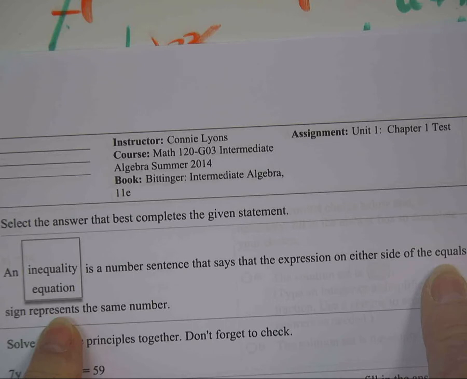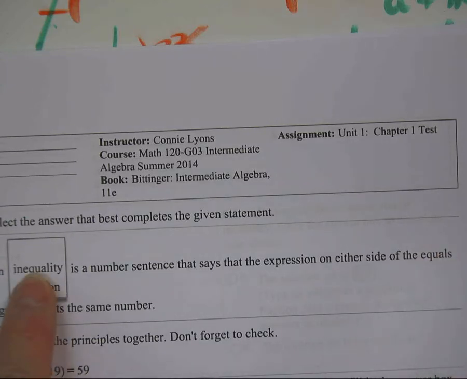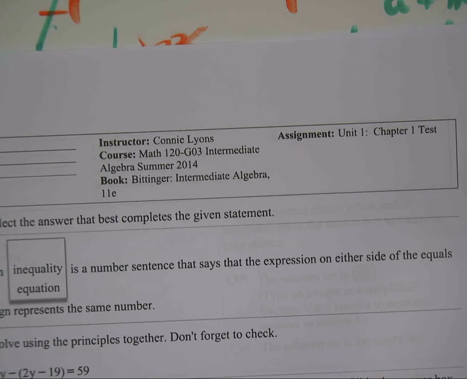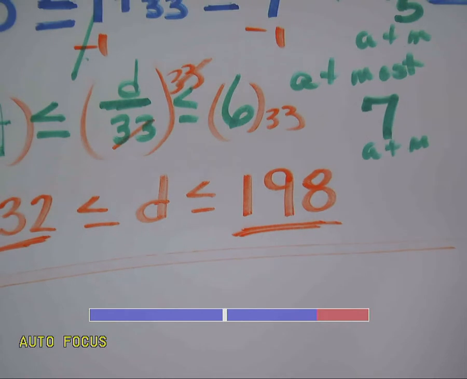An equal sign represents the same number. An equal is an equation. An inequality will have a greater than or less than somewhere. Inequality is not equal. Equation is equal. Okay?